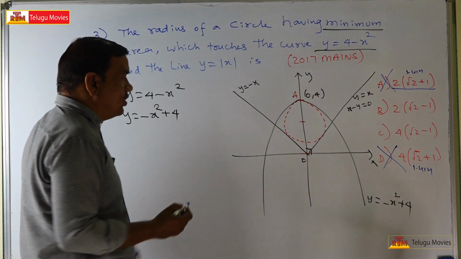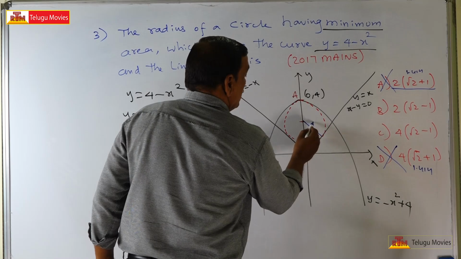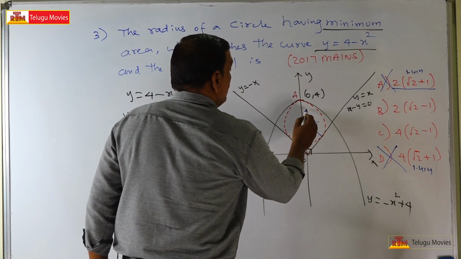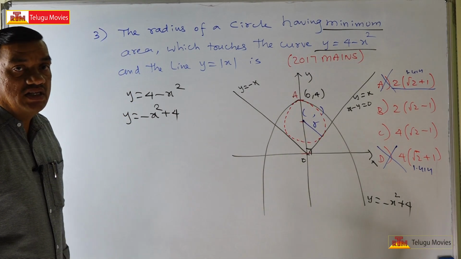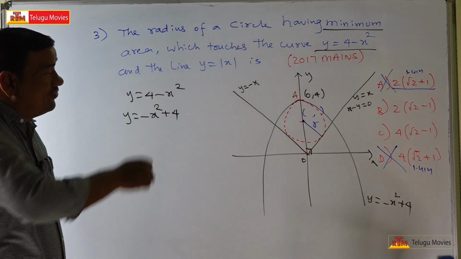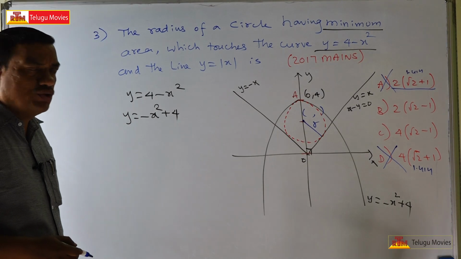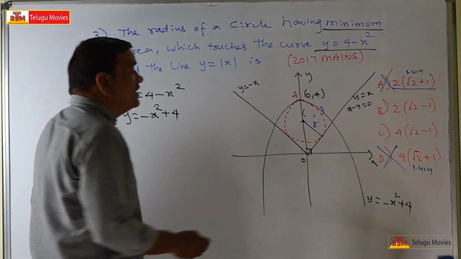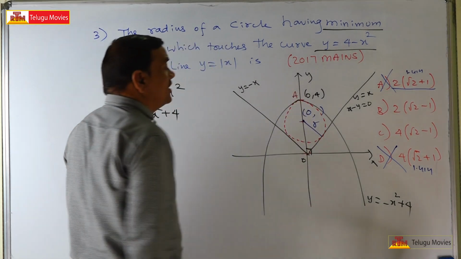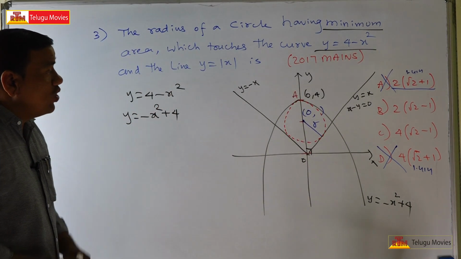So first I will find out the radius. This is the radius R. What will be the center of the circle? Definitely, if you observe, the center of the circle will lie on the y-axis. Therefore its x coordinate is 0. What about the y coordinate?